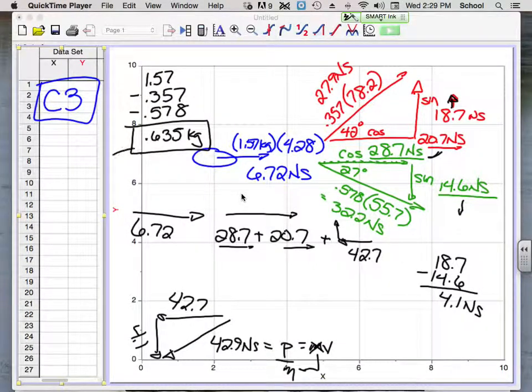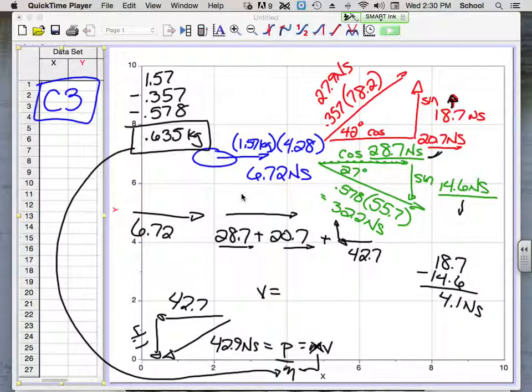The mass we figured out earlier goes down there. Now if we divide that by 0.65, then the velocity must have been 67.5 meters per second.